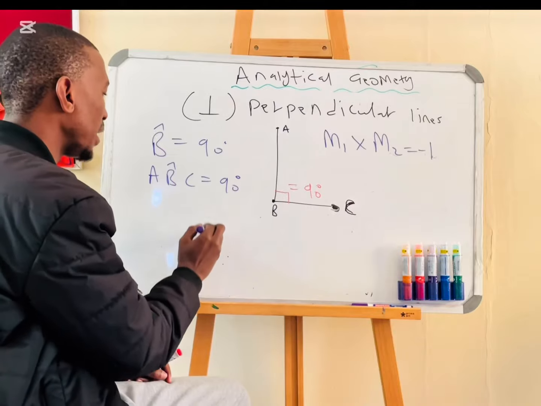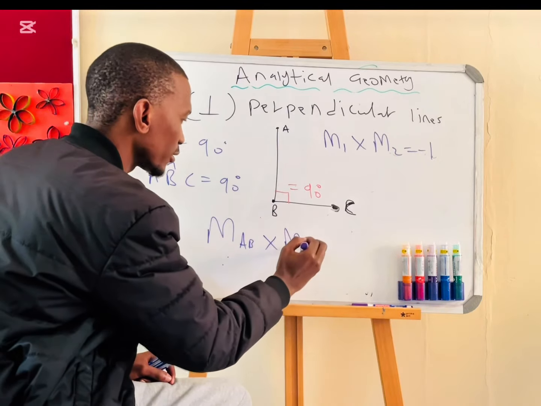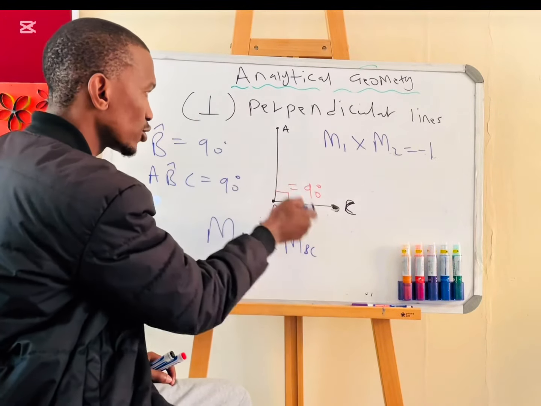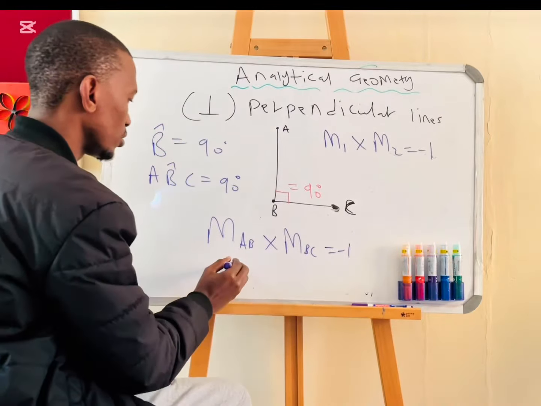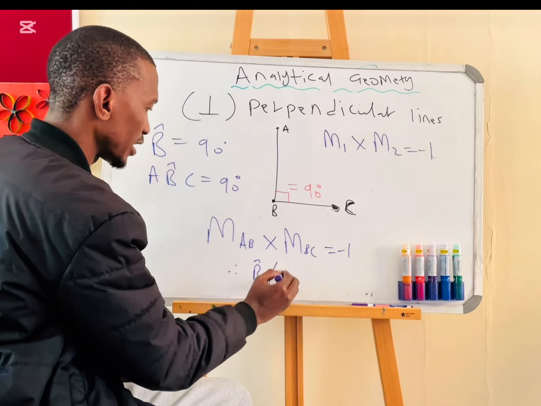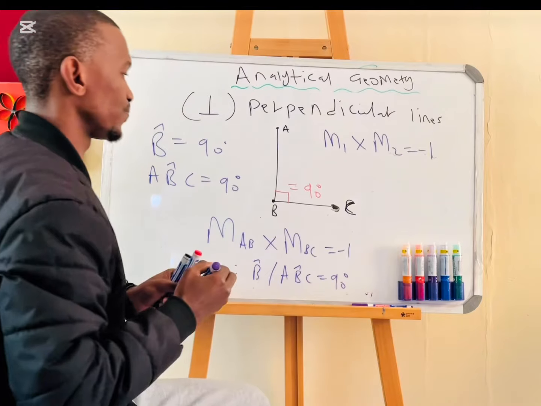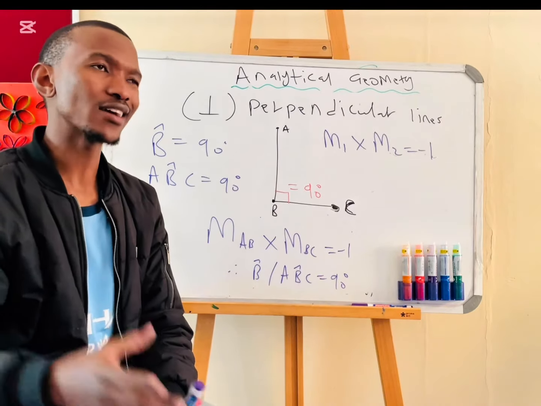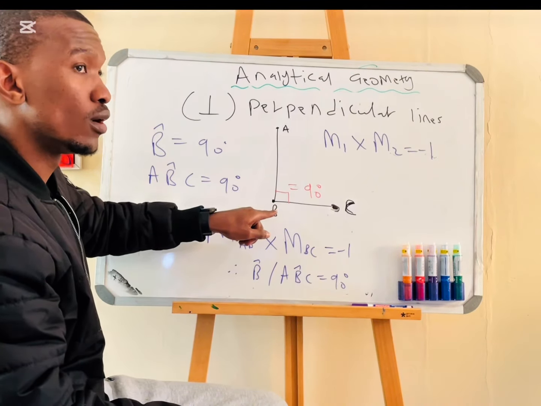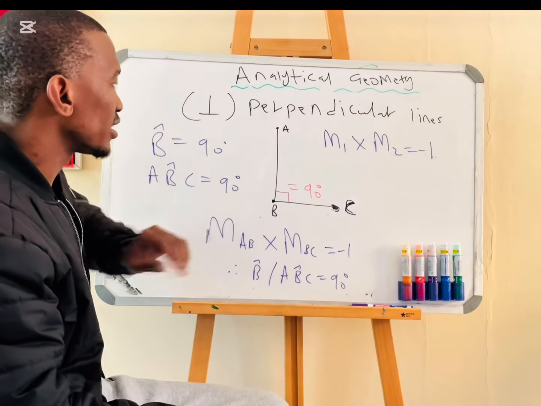Number 3, multiply the gradient of AB by the gradient of BC. If these two gradients give you -1, therefore angle B or angle ABC is 90 degrees. These are the two ways in which you can be asked a question in an exam or a test to show, prove or check whether the angle is 90 degrees.